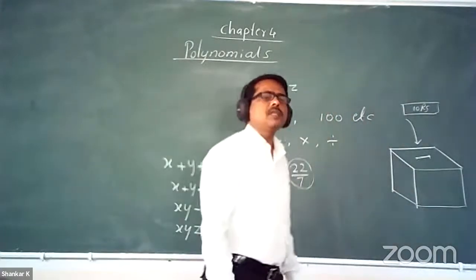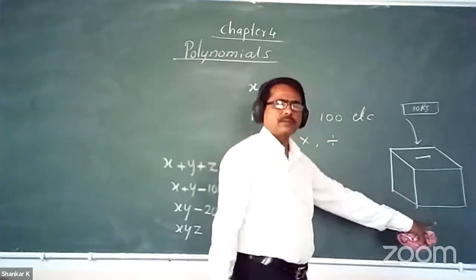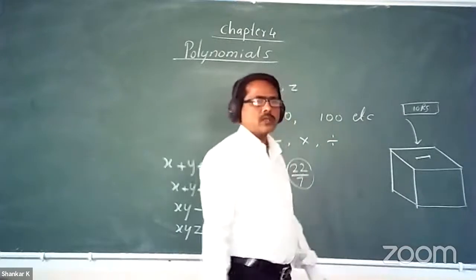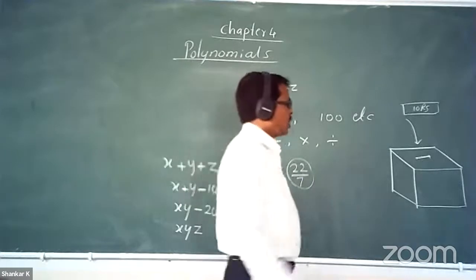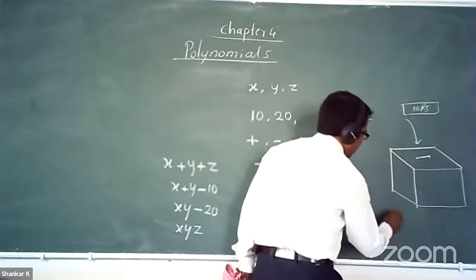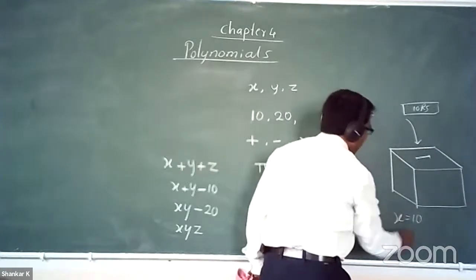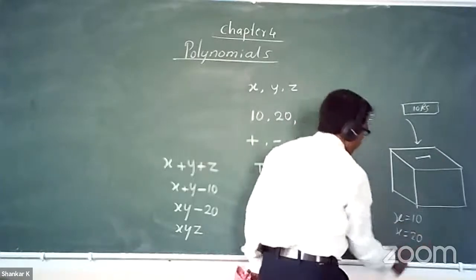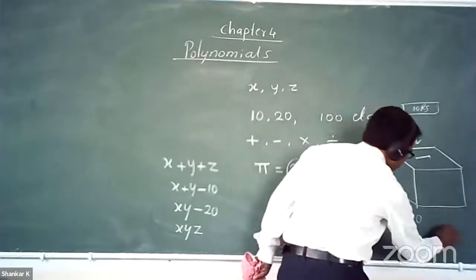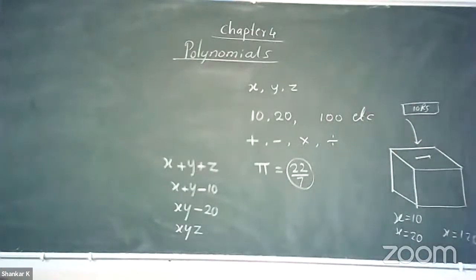Tomorrow you again put 10 rupees, then its value becomes 20 rupees. Its value changes. You can call this coin box X. Today the value of X is 10 rupees. If you put 10 rupees again tomorrow, its value becomes 20. You put 100 rupees, its value becomes 110 in total. So it is taking different values.